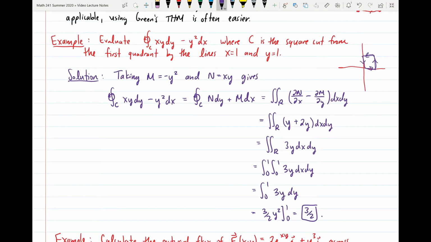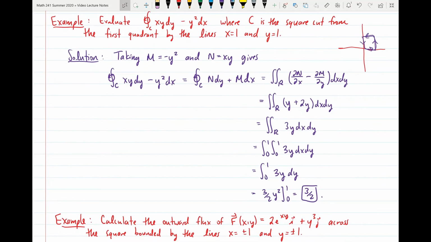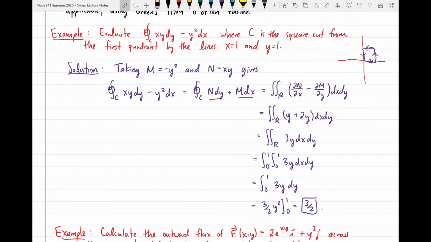And to do so, we let M equal minus y squared, and we let N equal xy. And now substituting, that'll give us the line integral of N dy plus M dx around our simple closed curve C, or just the square.